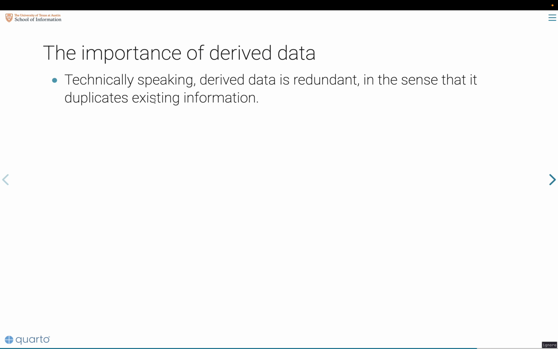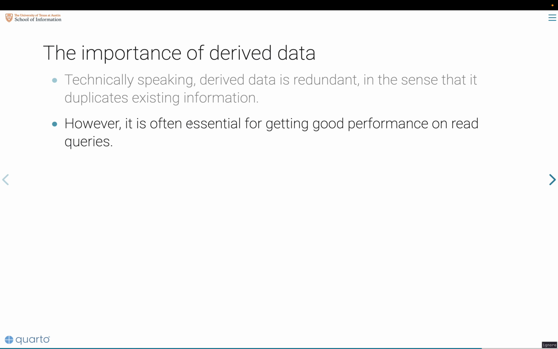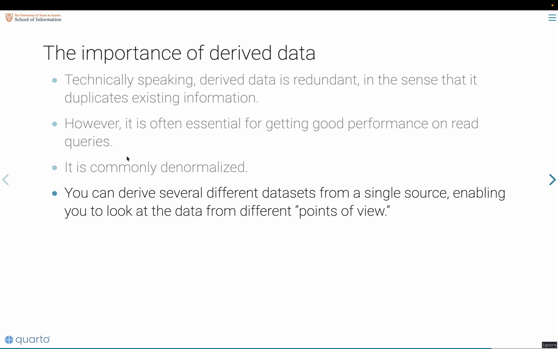It duplicates existing information, but it's essential for getting good performance in many cases on read queries. It is commonly denormalized. And you can derive several different data sets from a single source, enabling you to look at the data from different points of view.